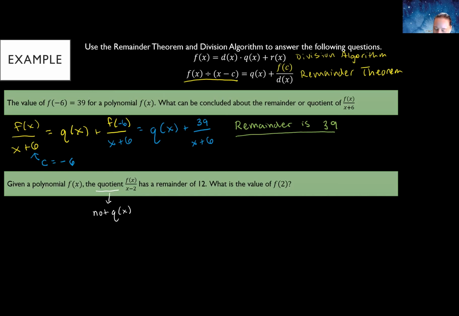So I'm going to go back to our remainder theorem again. We have f of x over x minus 2 equals q of x plus f of c over d of x, that's what you're dividing by, so that's also going to be x minus 2.